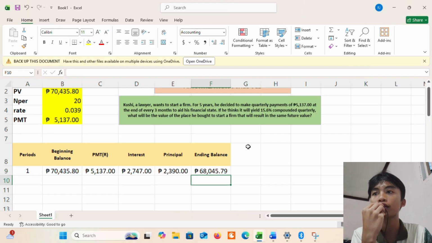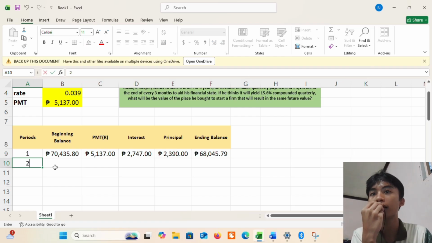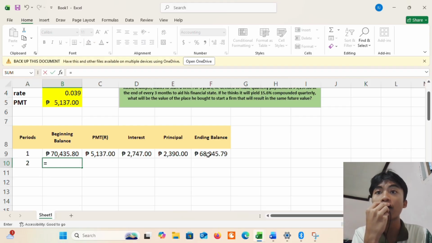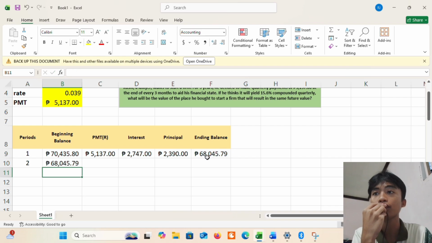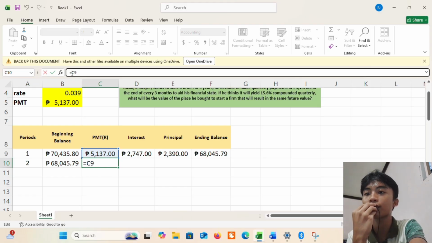So to complete our table, let's proceed to the second row. Let's put 2. And for the beginning balance, let's copy the ending balance. So equals, the cell F9, then enter. Then for the PMT, let's copy the PMT from row 1. So equals, the PMT, the cell C9, then put a dollar sign before C, and then before 9.